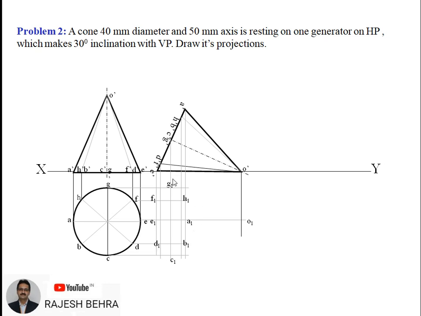Now we have to make sure which curve will be a continuous one and which part will be a hidden one, or whether it is possible to draw the entire curve as a continuous one. So we'll take care of the observer first. Observer sees from this side, right, and A is the point on the base of the circle which is nearest to the observer. So if A is nearest to the observer, definitely a curve in which A is there will be visible.